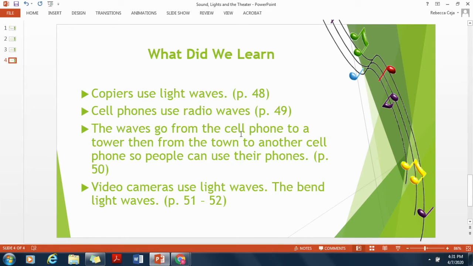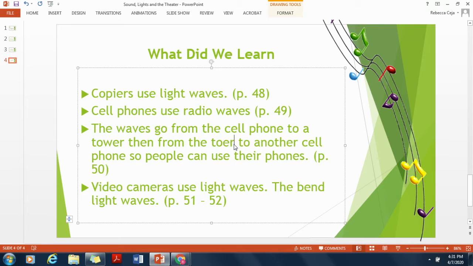The waves go from the cell phone to a tower, make our correction, from the tower to another cell phone so that people can use their phones. And that's on page 50, we learned that. And the video cameras use light waves. They bend the light waves. So we learned quite a bit. We know that we have light waves happening, radio waves happening, and light waves happening.